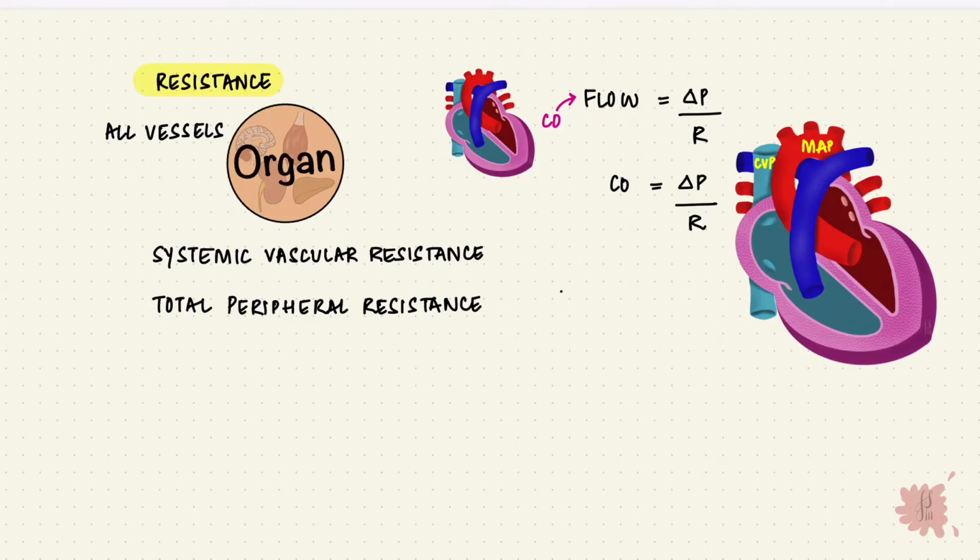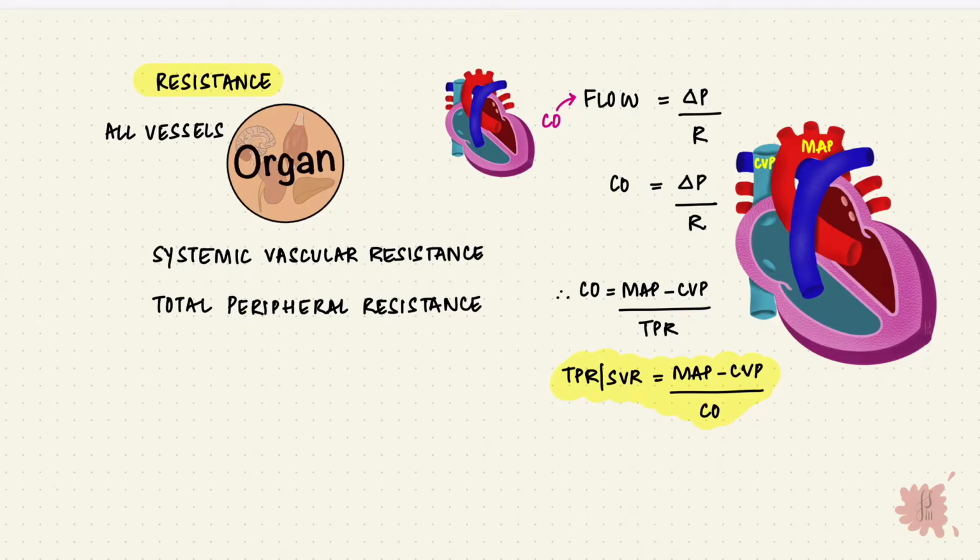So the cardiac output is the difference between the mean arterial pressure and the central venous pressure over the total peripheral resistance. If we rearrange this equation, we get that for total peripheral resistance or systemic vascular resistance, which is the mean arterial pressure minus the central venous pressure over the cardiac output. Now that was resistance in systemic circulation.